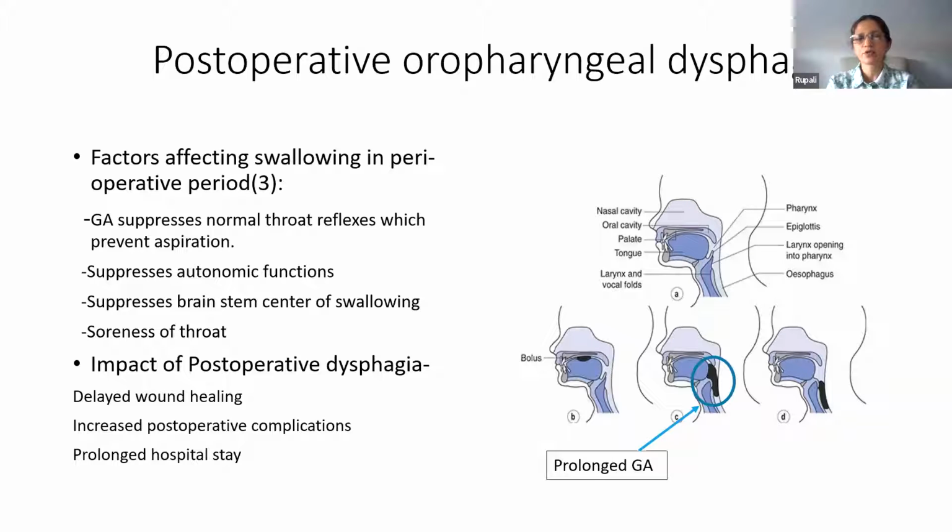In the immediate post-operative period, patients do suffer from dysphagia, which gets missed, and that could lead to further complications: inadequate nutrition, delayed wound healing, and aspiration, and because of aspiration, respiratory infections that could lead to increased hospital stay.